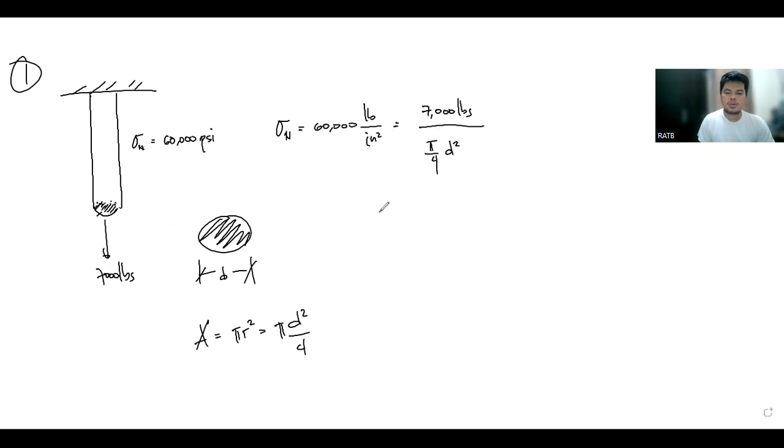Such that if we solve for d, the diameter required, by the way, there is a factor of safety, which is 5. So we just have to multiply it with 5 here. Of course, if not given, then you do not have to include the safety factor. So calculating for d.